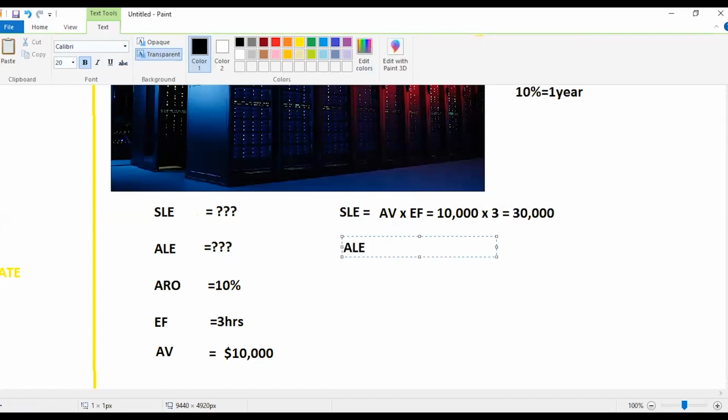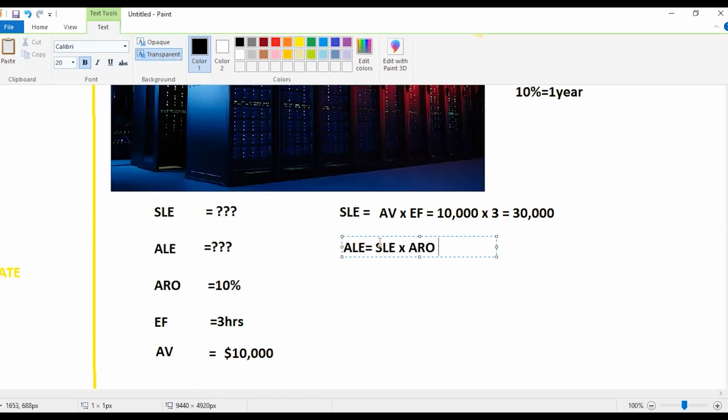And to calculate ALE, annual loss expectancy, what will be the equation? Single loss expectancy into, anyone? ARO, of course, ARO, because we are here to calculate the annual loss expectancy.